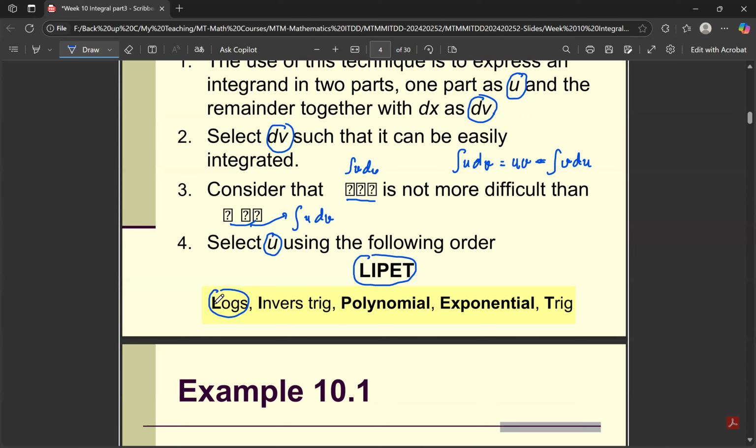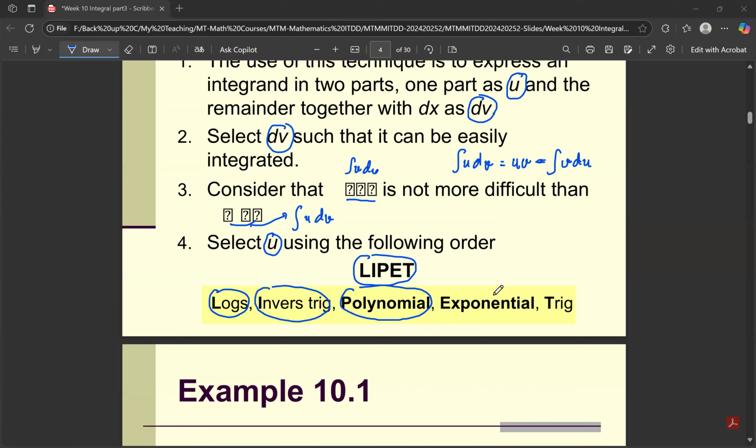If the integral contains a logarithm, please choose the logarithm to become u. If we don't have a logarithm, we can choose an inverse trigonometric function. And if we also don't have an inverse trigonometric function, the next one we can choose is a polynomial.